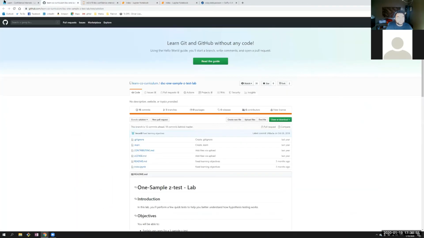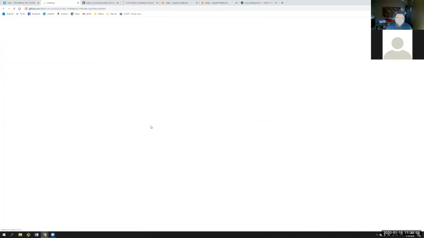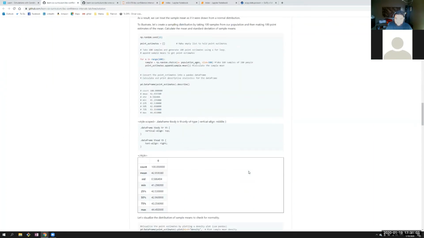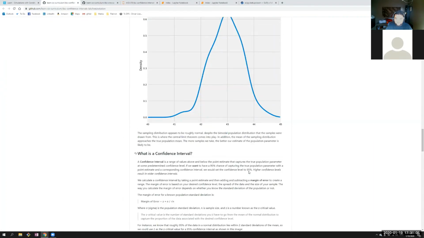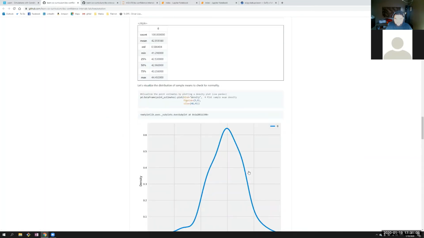Let's look at their solution. Oh, because they do a density. Okay, and I did something different. I think I did a histogram or something.